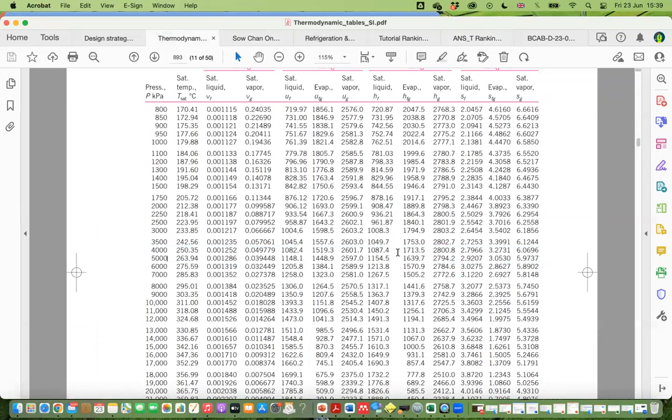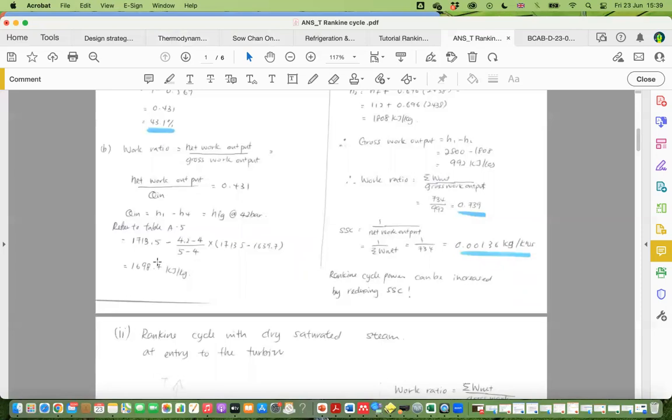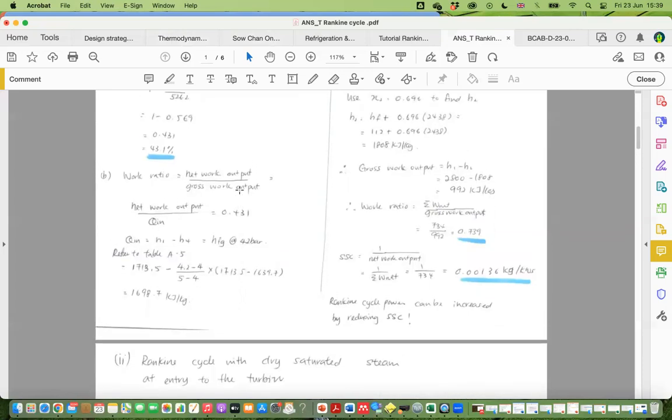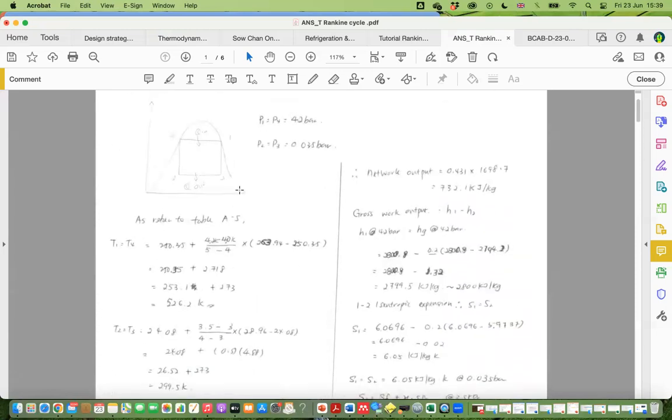The hfg should be between 1,639 and 1,713. You have to do some interpolation. And then you have the Q in, you have the efficiency, and you can get your net work.